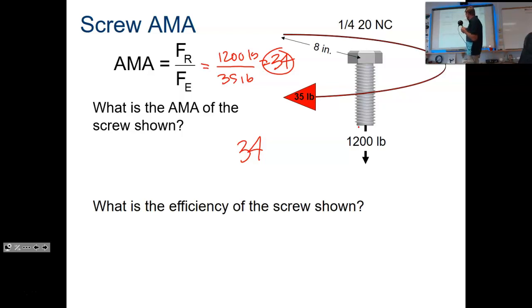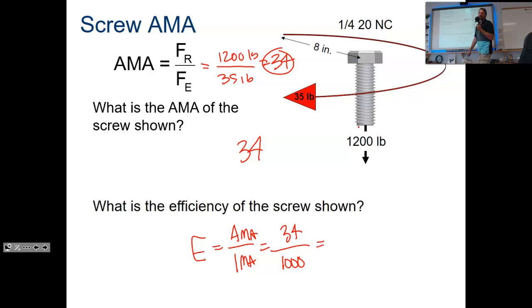So let's see, what is the efficiency? It's the actual mechanical advantage divided by the ideal mechanical advantage. So 34 divided by 1,000. That's 34 hundredths, so it's going to be 0.034.